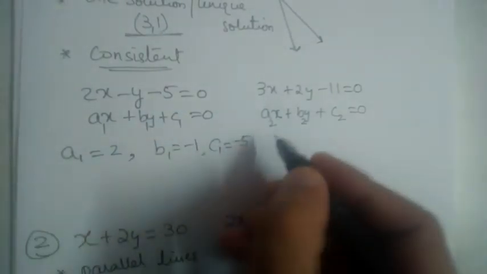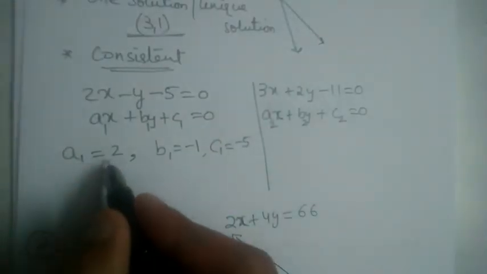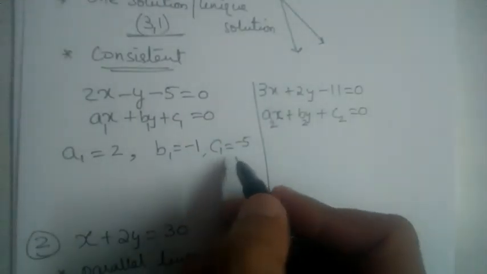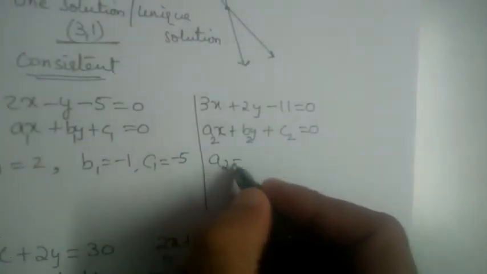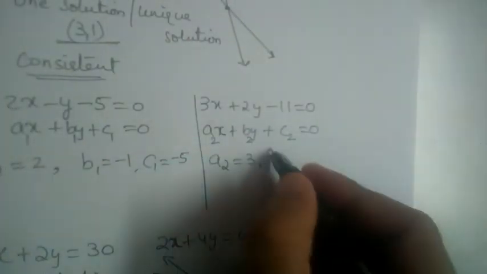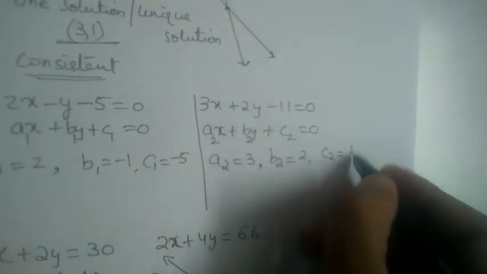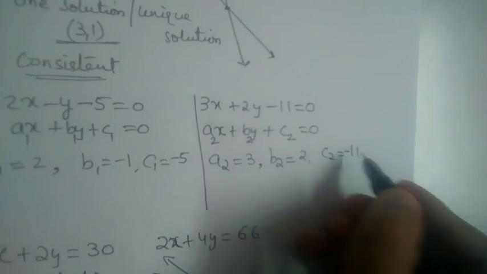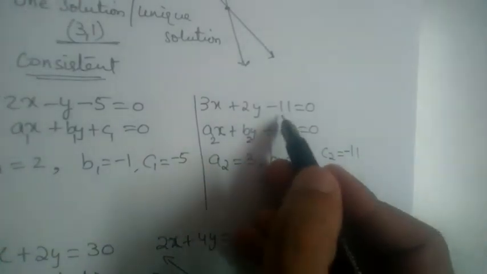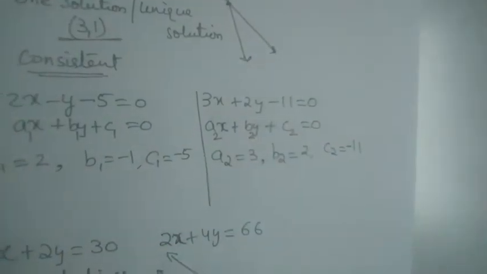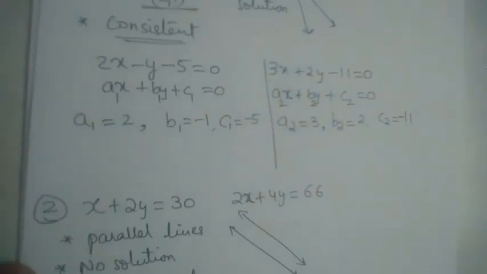Minus 5. Okay. So a1 is 2, b1 is minus 1, c1 is minus 5. And here, what is a2? It is equal to 3. What is b2? It is equal to 2. And what is c2? It is minus 11, not plus 11. c2 is minus 11. All right. So we have the coefficients.